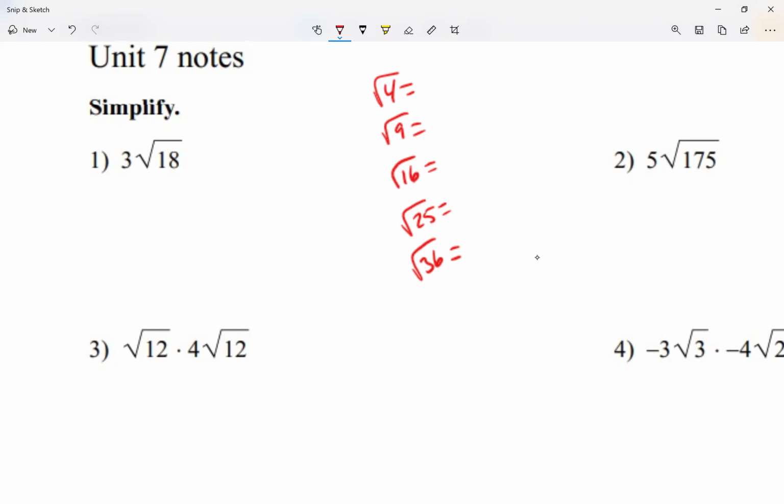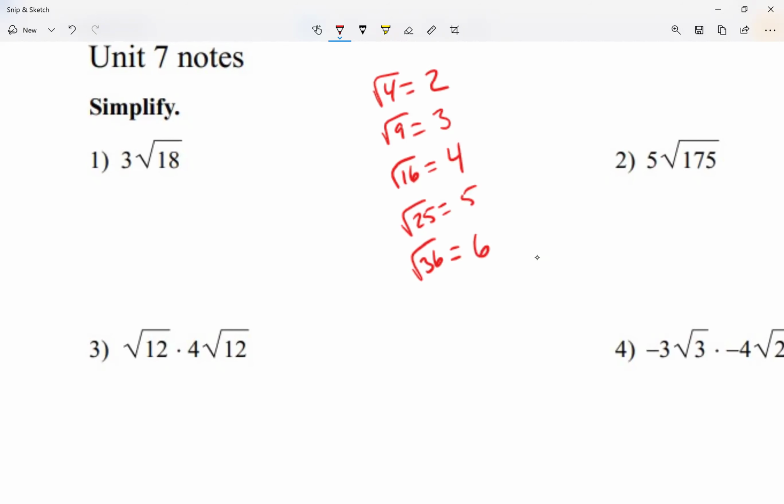If I ask you, what's the square root of 4? More than likely you will say 2. What's the square root of 9? 3. What's the square root of 16? 4. What's the square root of 25? 5. And what's the square root of 36? You will say 6.